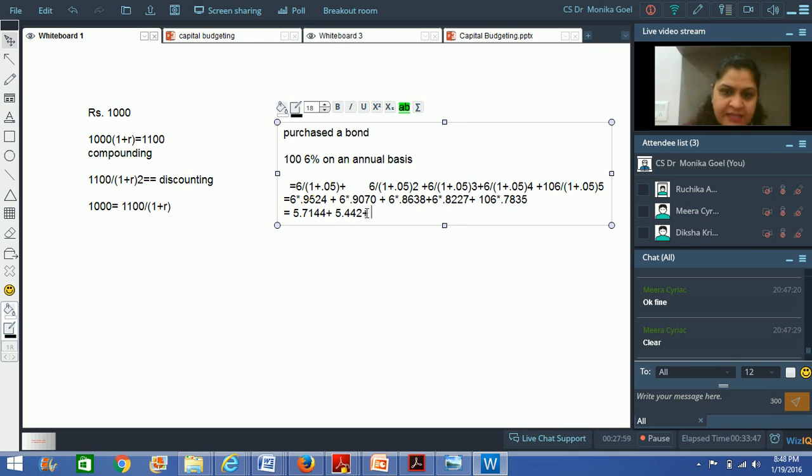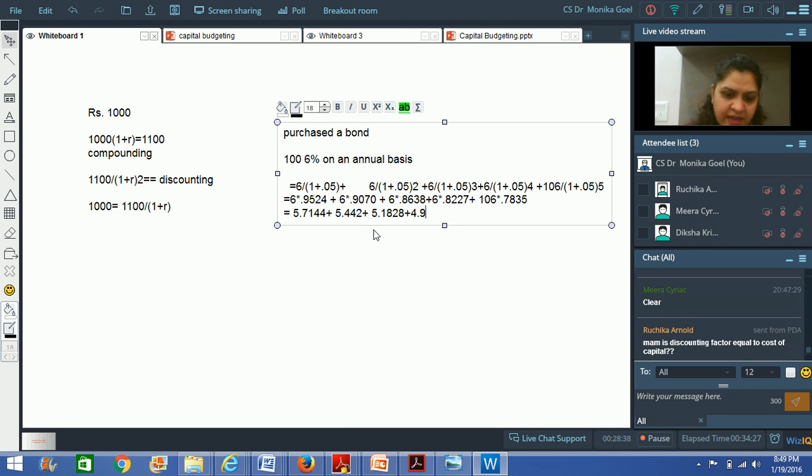The 6 rupees which I am going to get after 2 years is equals to 5.442 rupees today. 6 rupees which I am going to get after 3 years is going to be equal to 0.8638, it was 5.1828. Yes, the discounting factor has to be equal to cost of capital. Very right, Ruchika. Very correct.